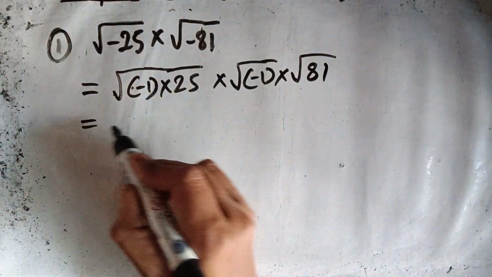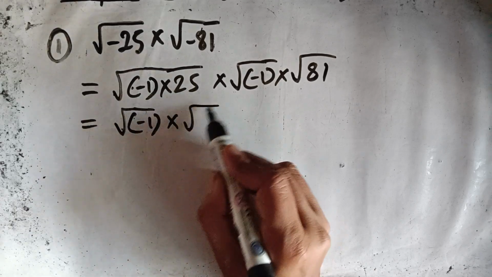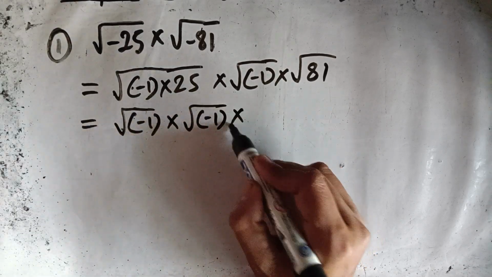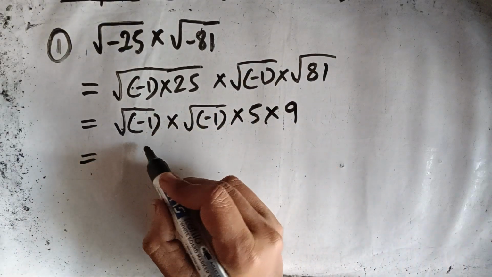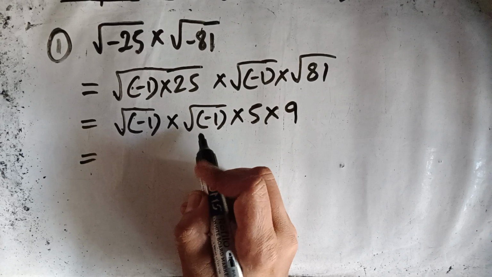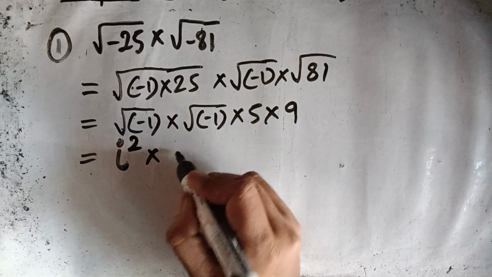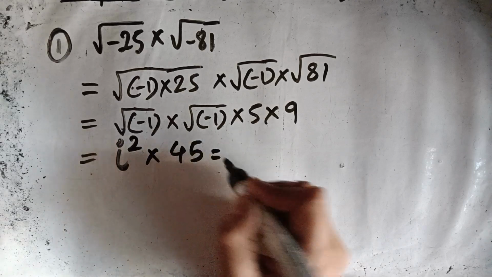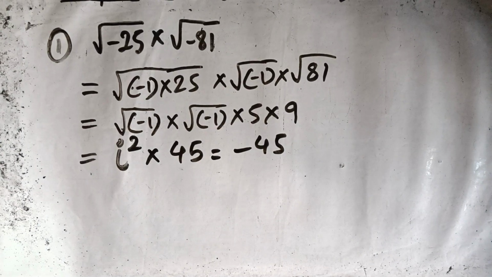So this is root minus 1 into root minus 1 into 5 into 9. Root minus 1 is I, so I square. This is minus 45.